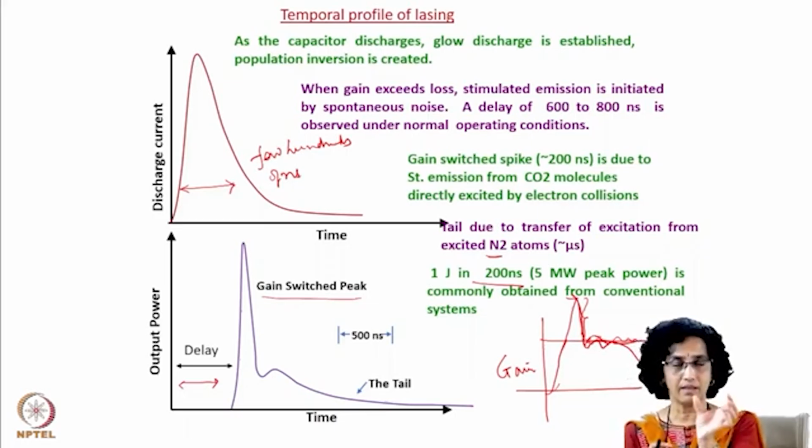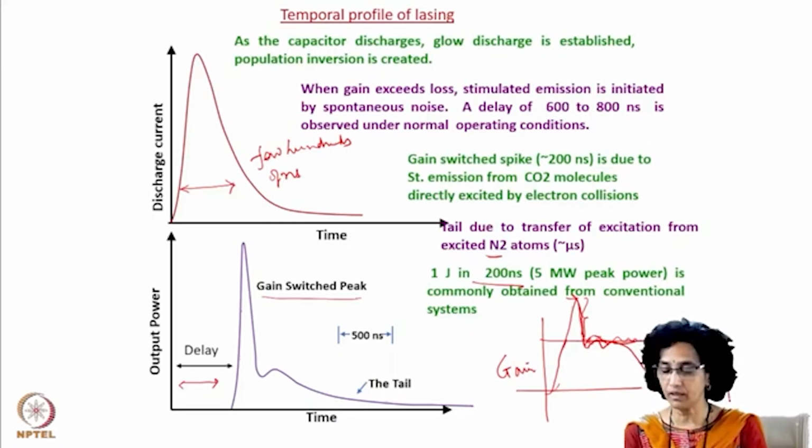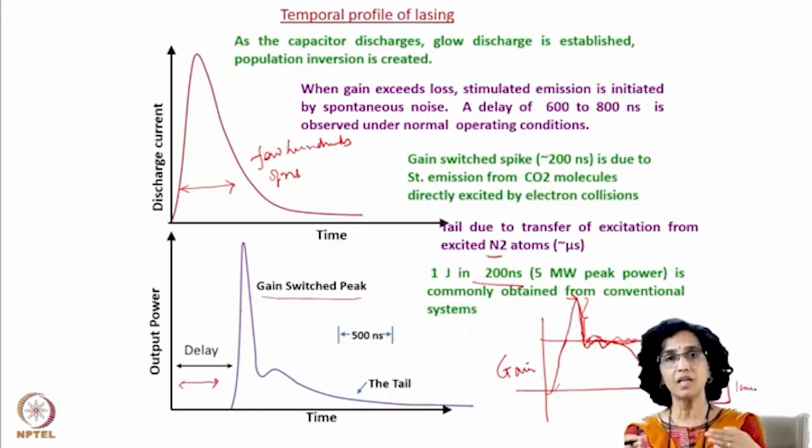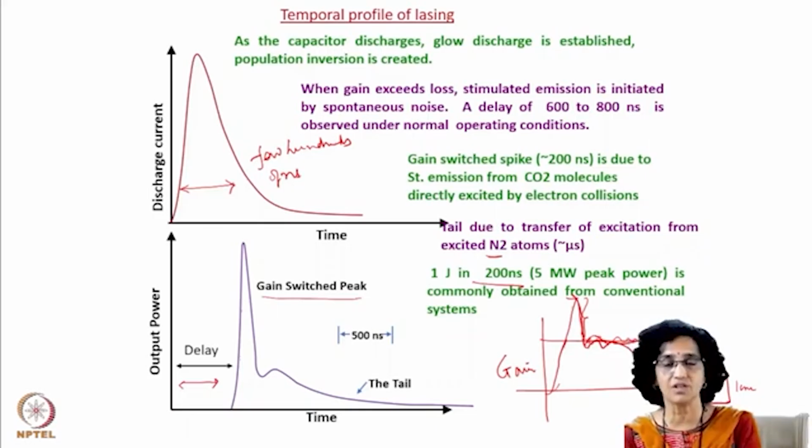This megawatt of peak power, and a few joule, maybe 2 joule energy, is obtained over a beam of diameter, as I said, 1 centimeter by 1 centimeter. So this can be further focused, and the intensities that can be obtained can be very, very large.